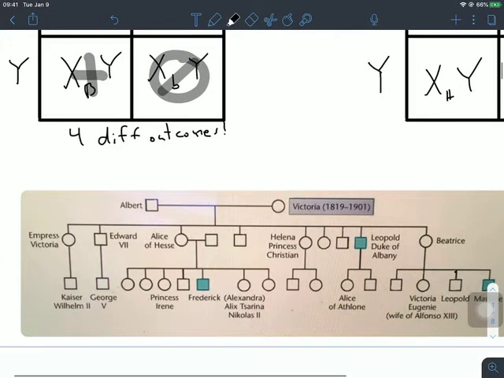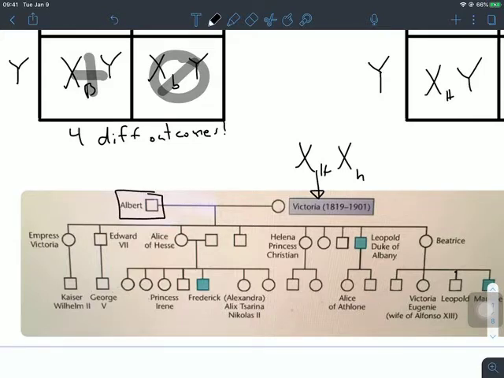So looking at this pedigree, and back in time, we know that Victoria was a carrier of the disease. And she mated with Albert, who did not have the disease. They produced a large number of children.